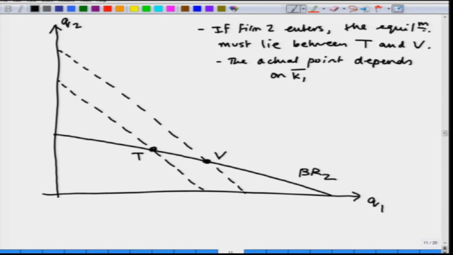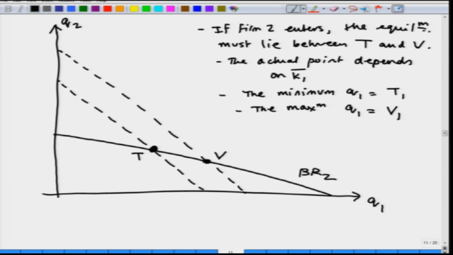So, this also tells us that the minimum Q1 is the Q1 at T1. So, the minimum output that firm 1 will produce is at T1, and the maximum amount of output that firm 1 will produce is whatever this V1 is, right. So, whatever this output is.